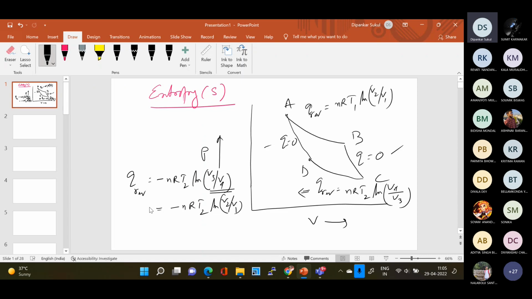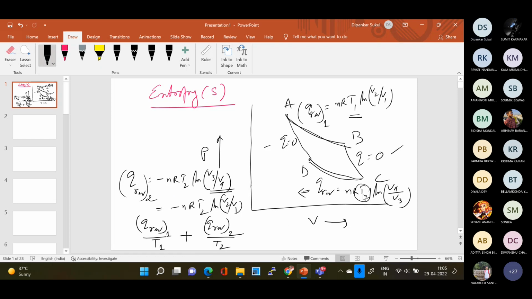So now you can see, if I consider Q reversible 1, divided by the corresponding temperature T1, this is the corresponding temperature for this step, plus Q reversible 2, that is the reversible heat change in this third step, divided by the corresponding temperature. What is the corresponding temperature here? T2. Then what will I get?